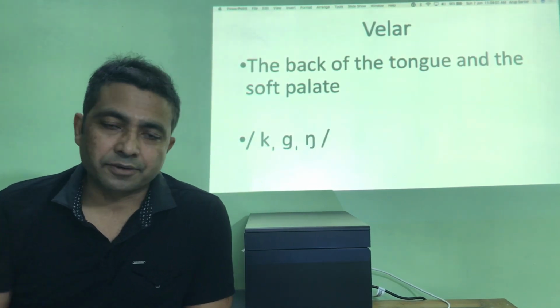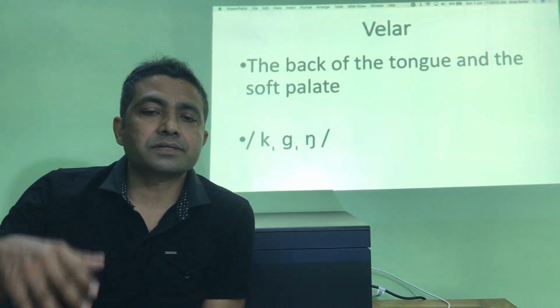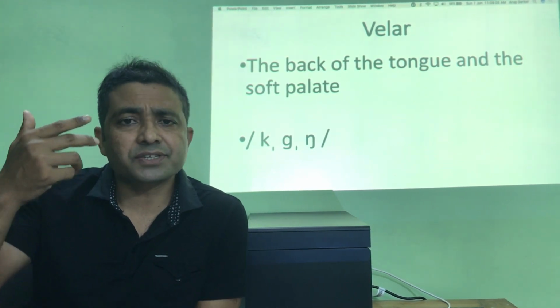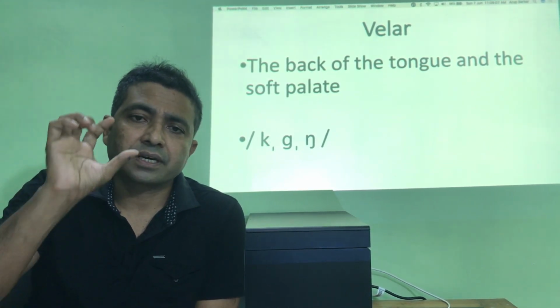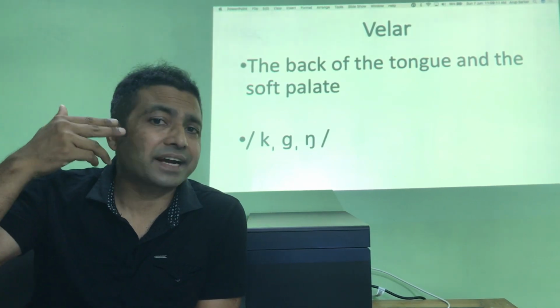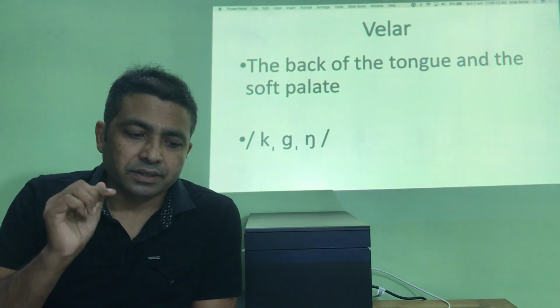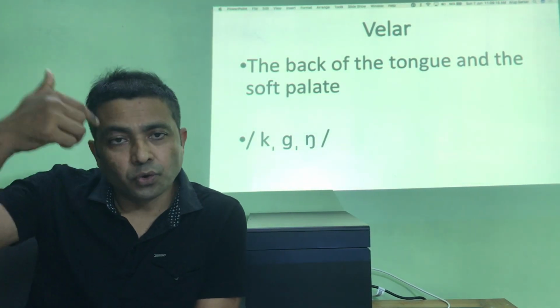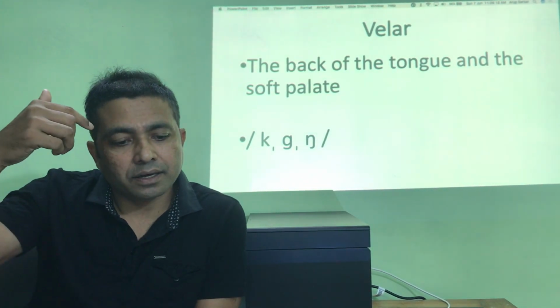Then we have velar. Velar is the soft palate, the back of the palate. The back of the tongue goes against the velar.